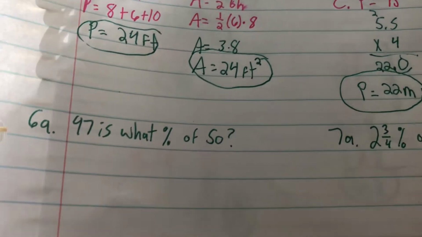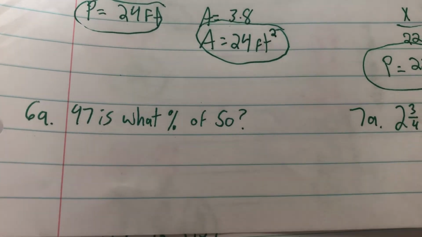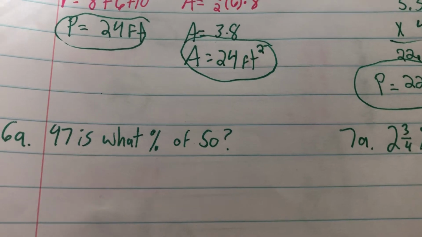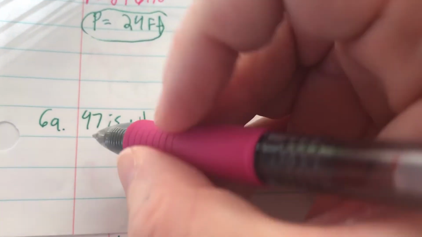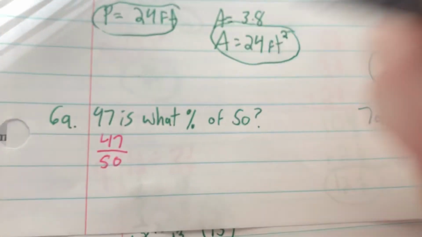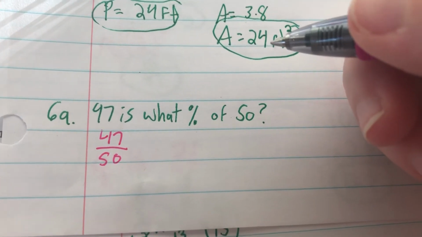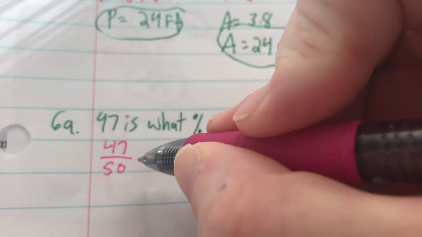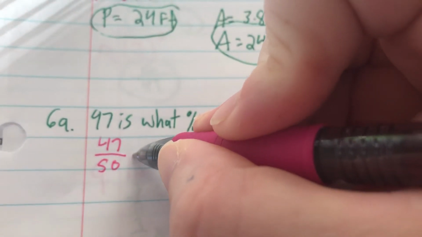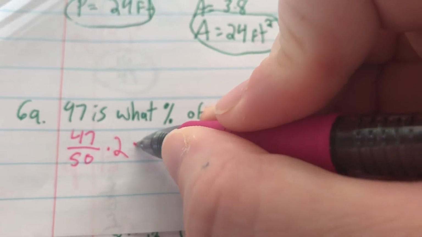Okay. On 6, it is percents, so 6A, 47 is what percent of 50? Just make a proportion, a fraction. 47 over 50. To make that into a percent, we could divide, but 50 is half of 100, so if I multiply both of these by 2, then I would get a percentage, or close to a percentage rather.